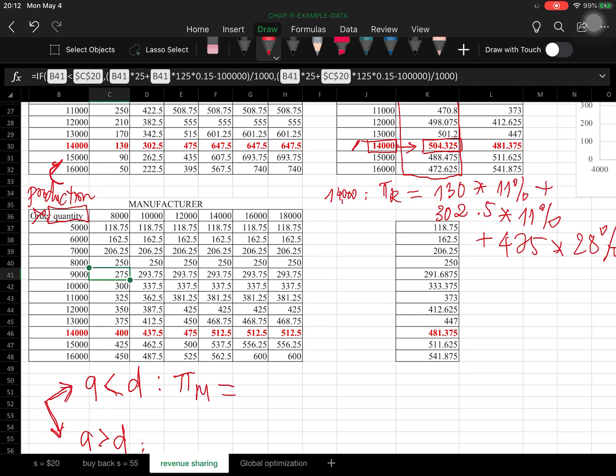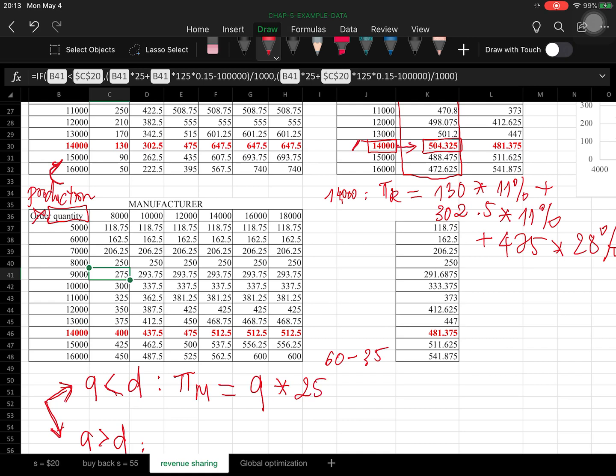It will equal the production quantity, the order quantity, multiplied by the marginal profit, that is 60 minus 35, right?